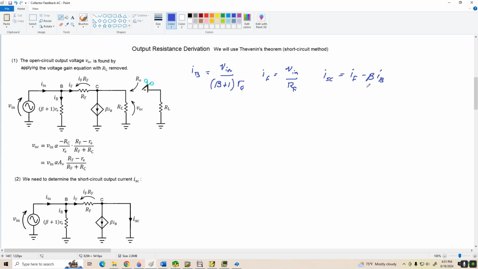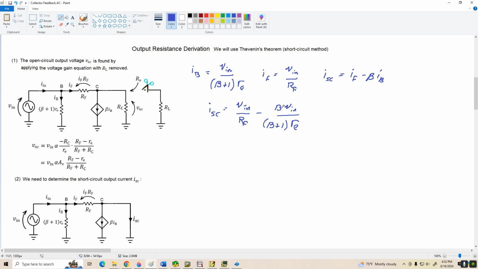Now what we're going to do next is substitute these two equations into the I sub SC equation, and that gives us I sub SC equals Vin divided by RF, that is the equation for IF, minus beta times IB, so we're going to have beta times this, that's beta Vin divided by beta plus 1 times little re.